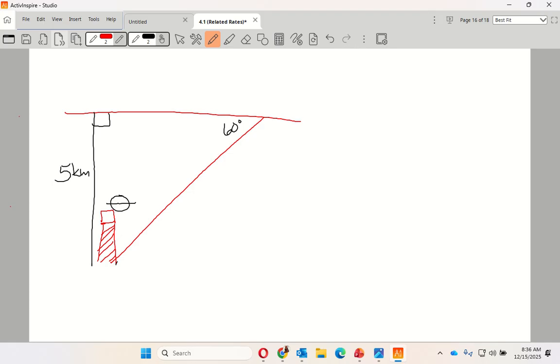And I know that d theta dt is 3 rad per minute. Okay.